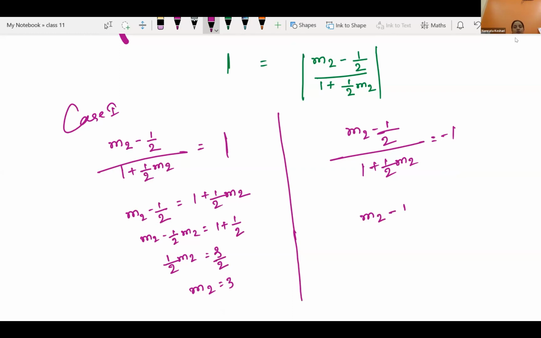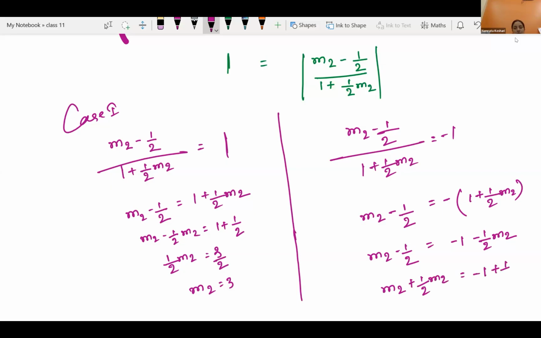Okay, let's solve the other one as well. m2 minus 1 by 2 is equal to minus 1 plus half m2. That means minus 1 minus half m2. We will take 1 by 2 to this side, and this time it will get added with m2, and we will have minus 1 plus 1 by 2. 2m2 plus 1 will be 3m2 by 2, and here minus 2 plus 1 will be minus 1 by 2.